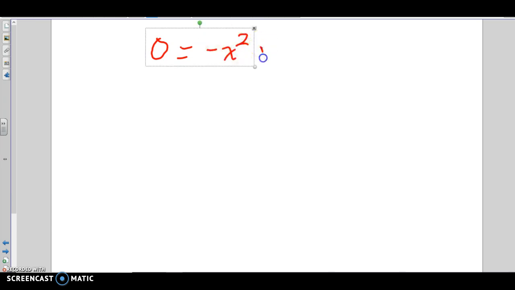Negative x squared plus 40x minus 100. And I've already done the beginning steps to this. Taking out the negative 1 from the first two terms.